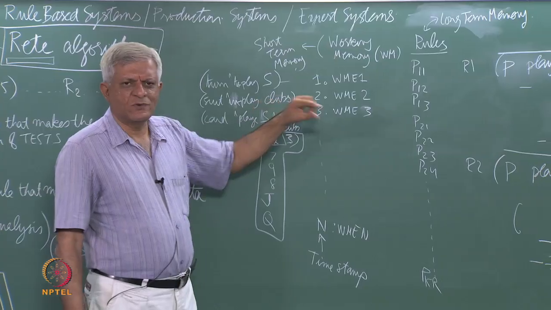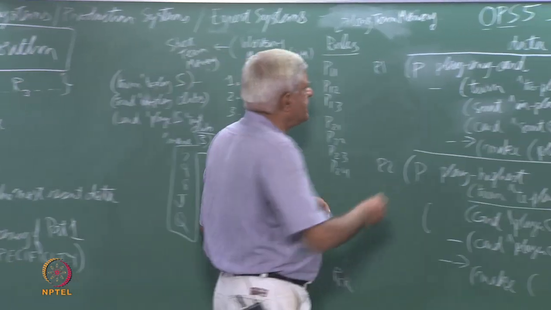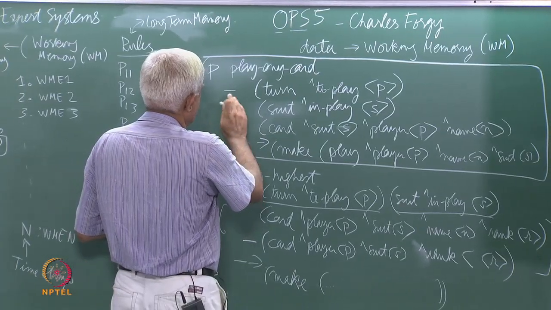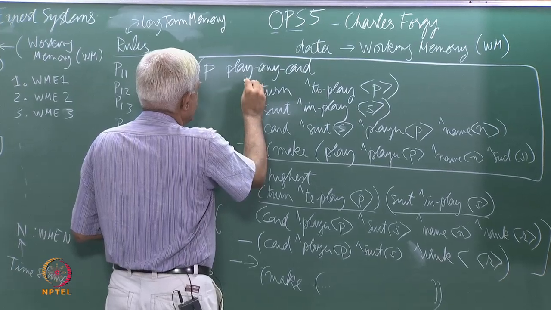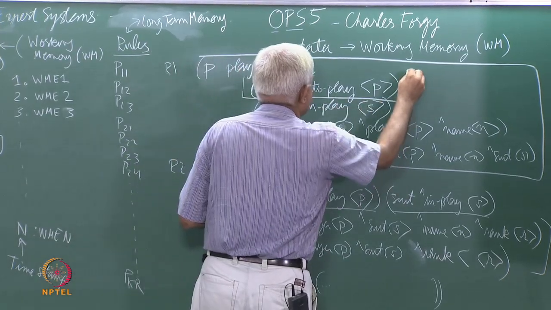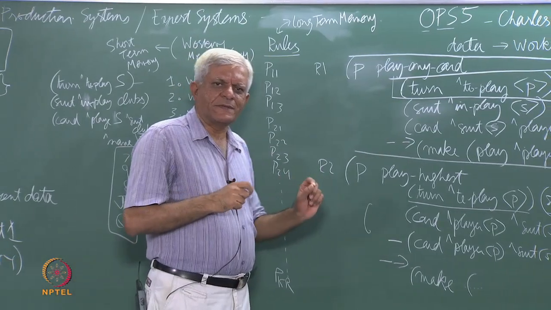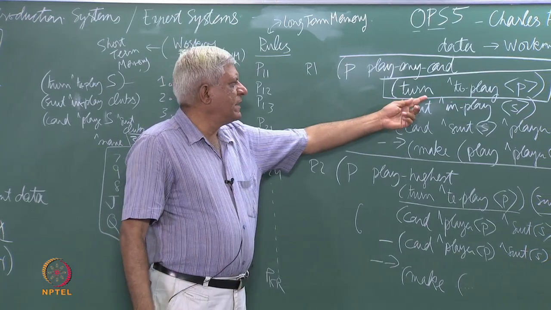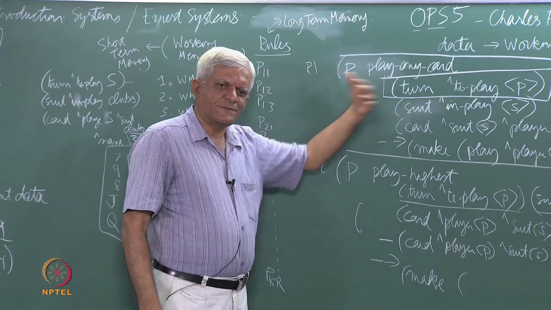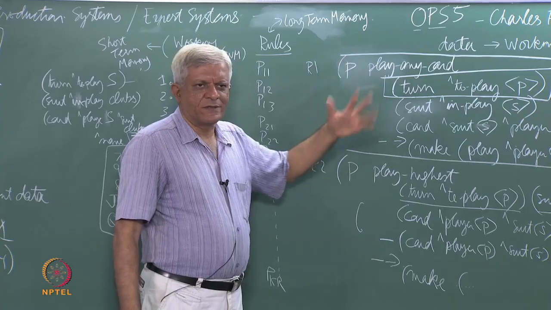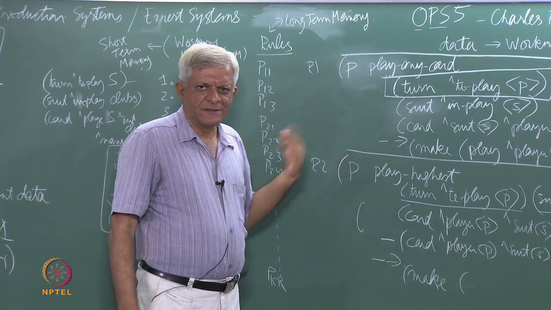Now, if you look at the two rules that I have written, we have this pattern, turn to play P. So, it must match a working memory element whose class name is turn, and whose to play attribute must match something. There must be something in this thing. It could be south, north, east, west, to use the terminology from Bridge.